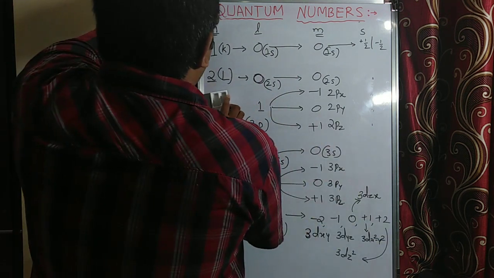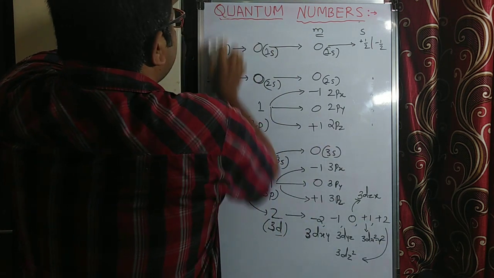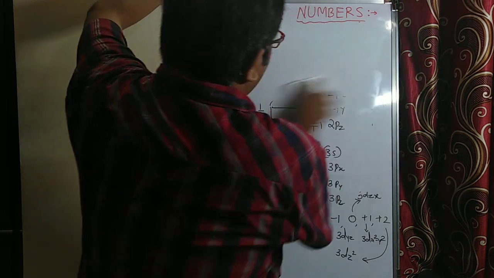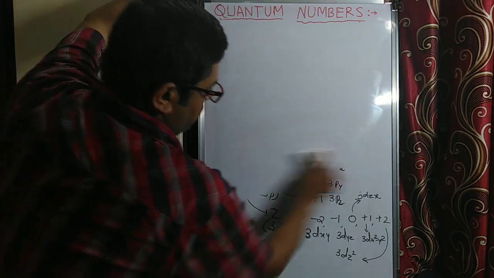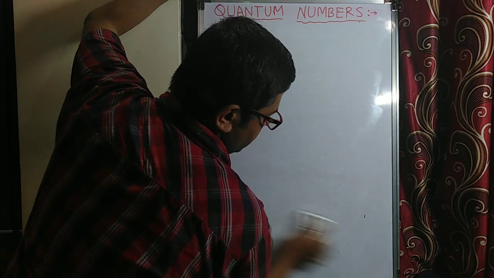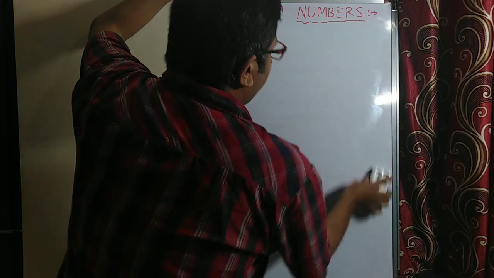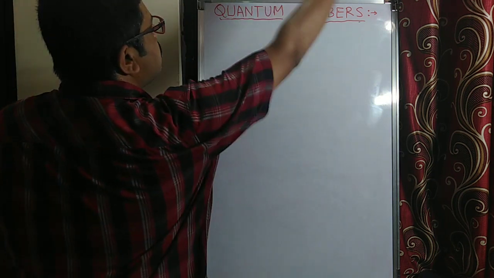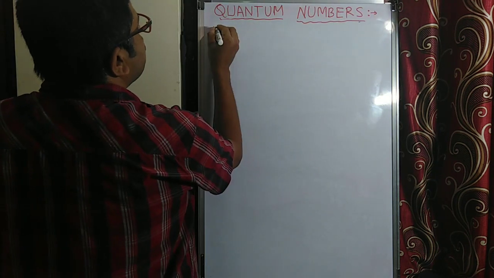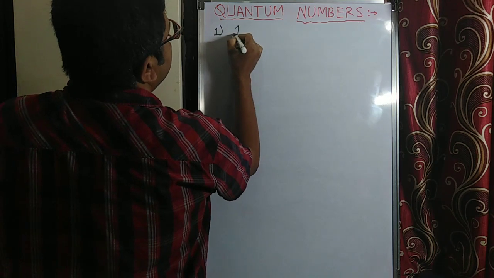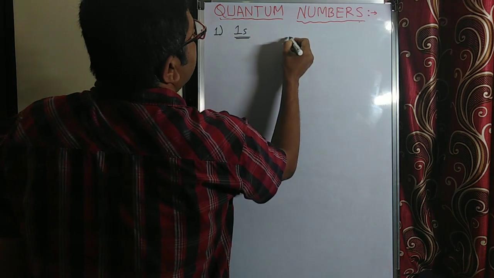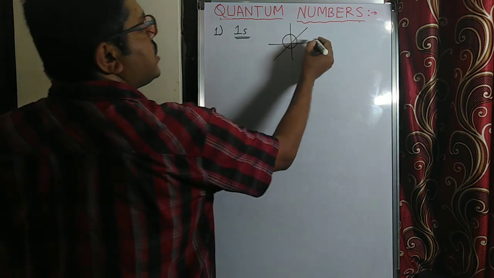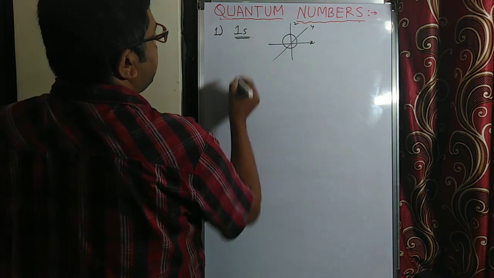Fine. After this, we will move to shapes of the orbitals. I am not going to draw the shapes of all the orbitals, but I will tell you a very important point. First one, the 1s orbital is like this, spherical shape, with x-axis, y-axis, z-axis.